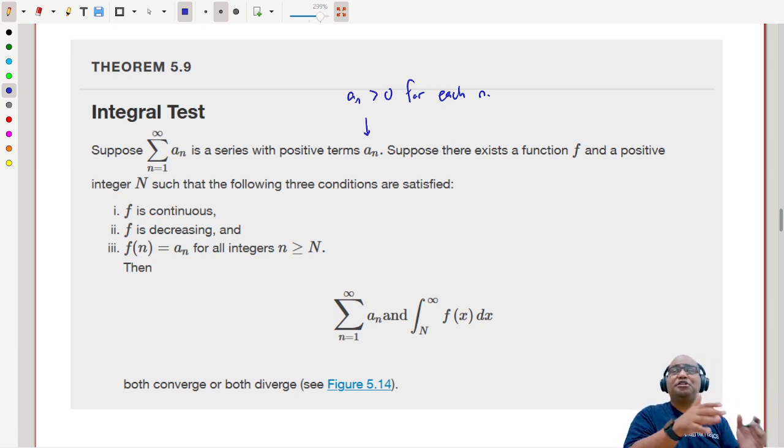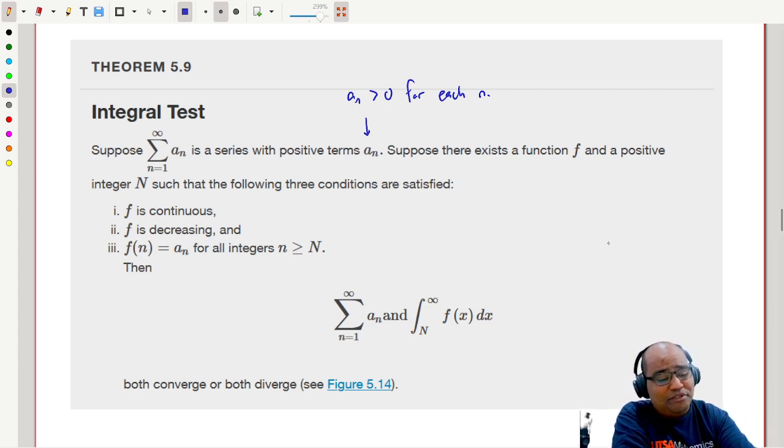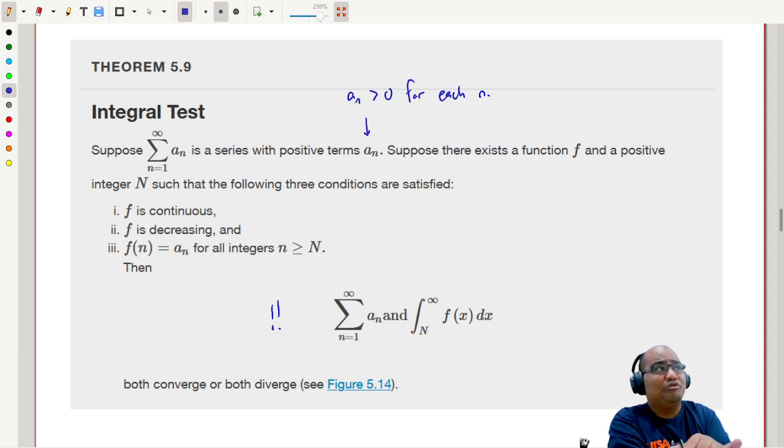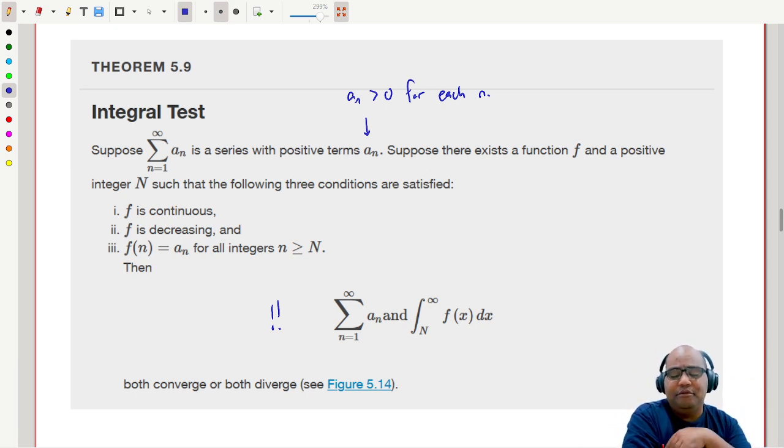So basically, that function is the continuous version of the sequence. Then here's our big result: both the sum and the corresponding integral from capital N to infinity either both converge or they both diverge.